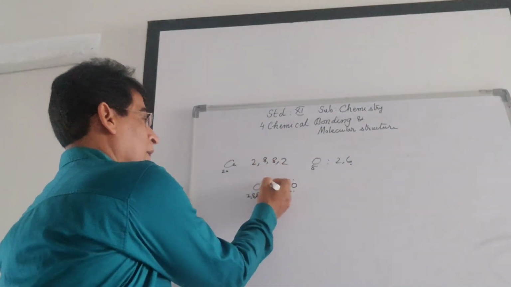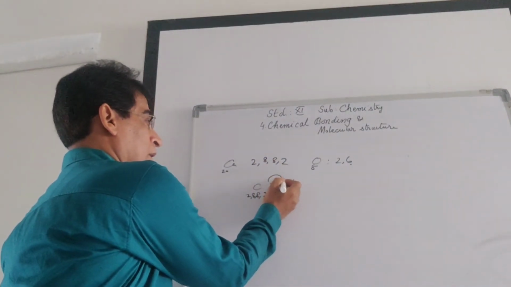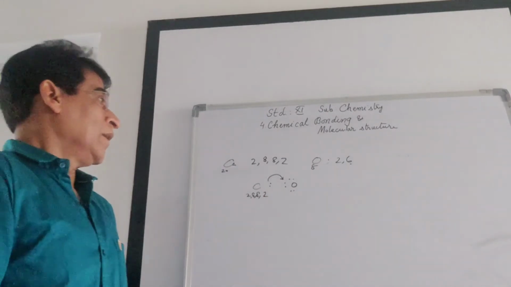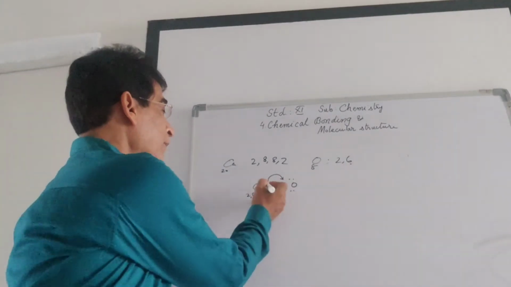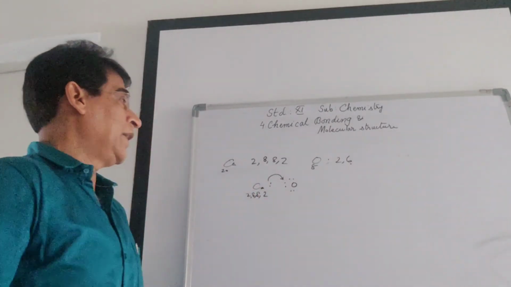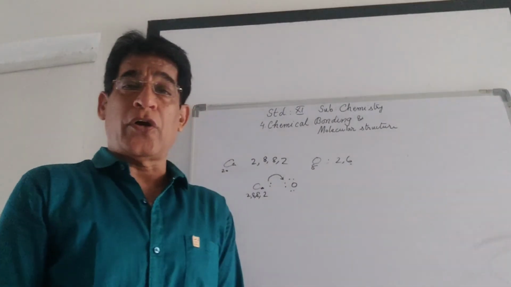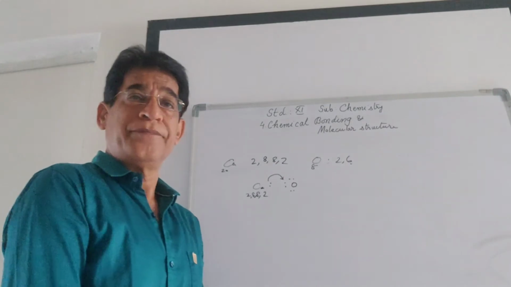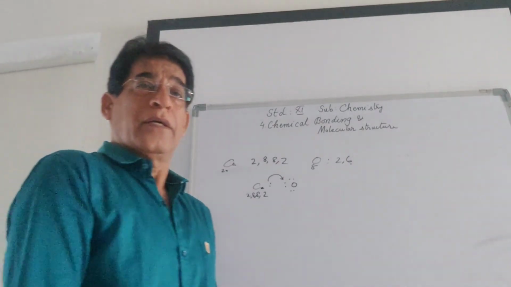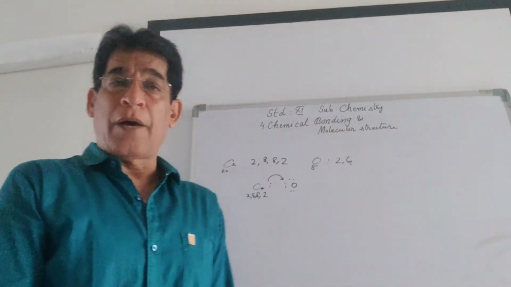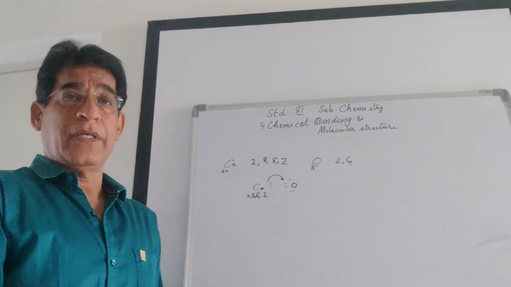So, calcium gives 2 electrons to oxygen and they complete their octet.